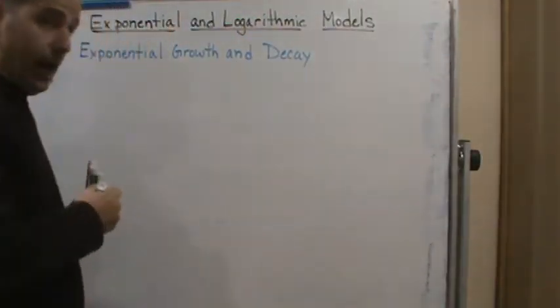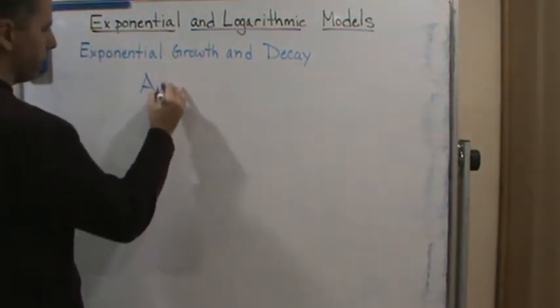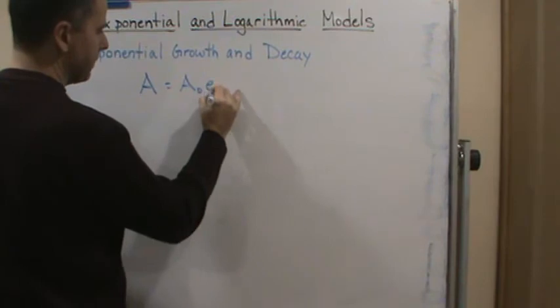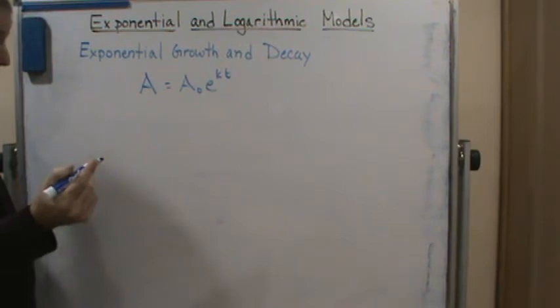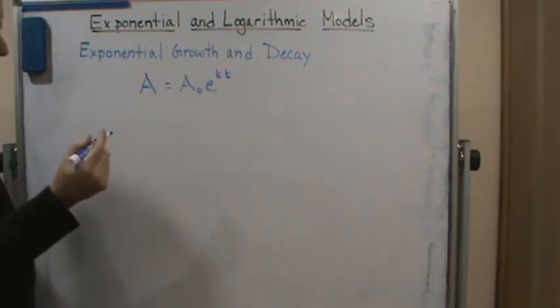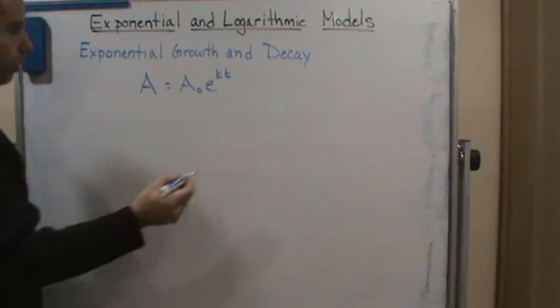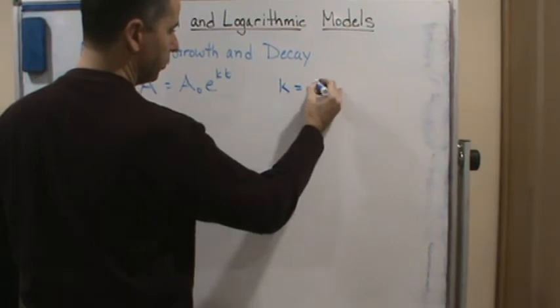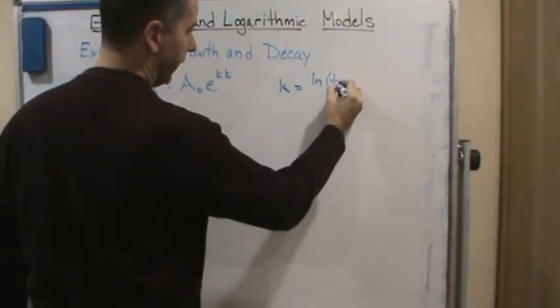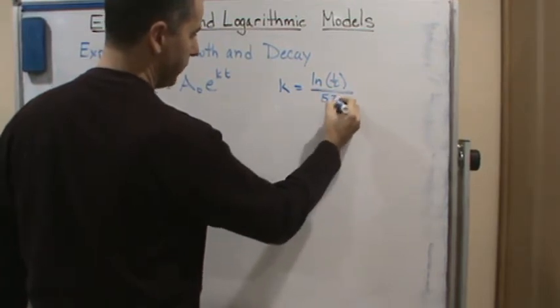So again, I'm going to use the formula that we did to show you, okay, if I have A equals A naught times e to the kt, right? And I want to solve for t. Well, in this case, first of all, since we're talking about radiocarbon dating, we know that K from the previous video is equal to the natural log of 1/2 divided by the half-life, which in this case is 5730.